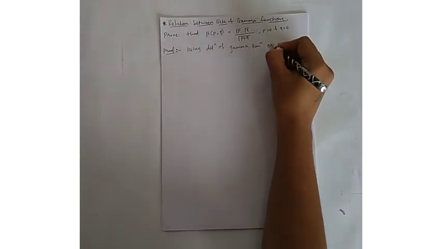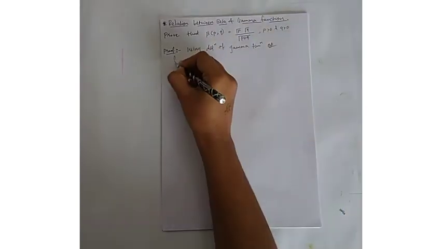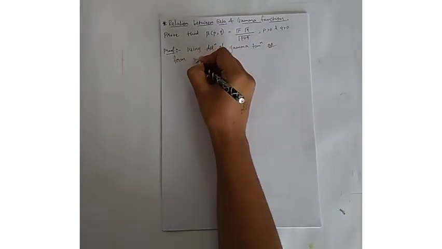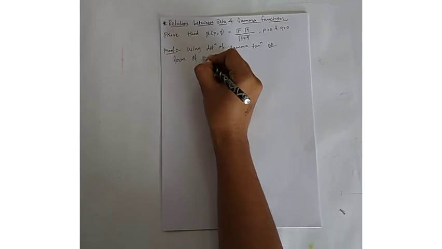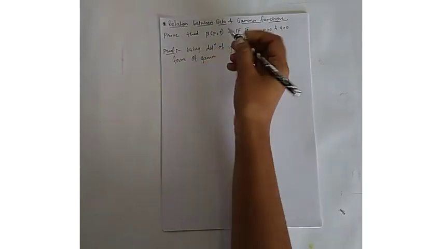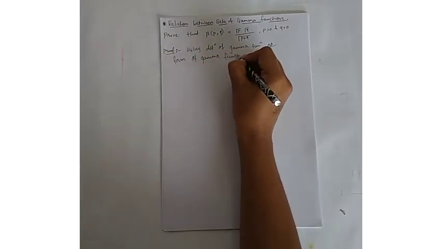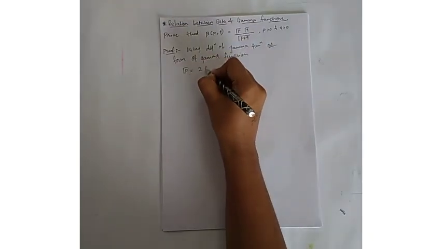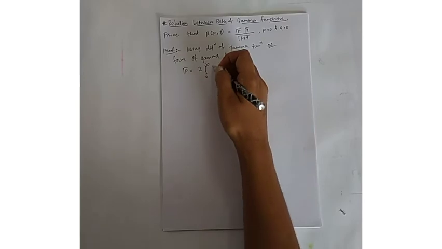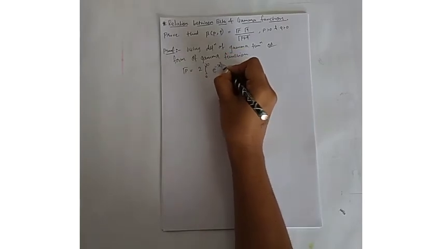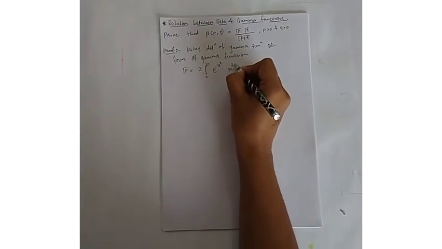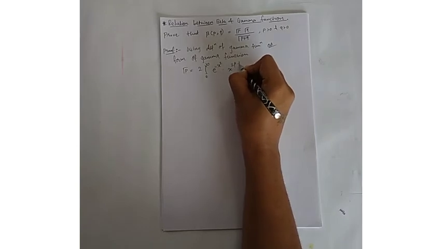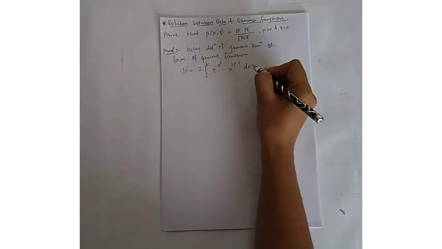or some form of gamma function, that is gamma p is equal to 2 into integration with limit 0 to infinity e raised to minus x square into x raised to 2p minus 1 into dx.